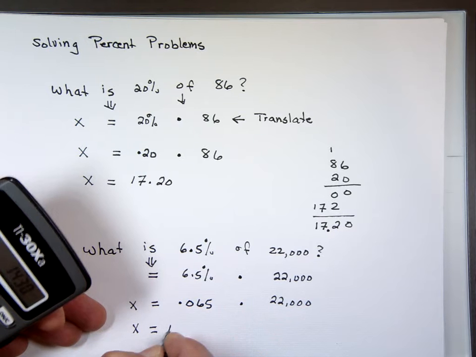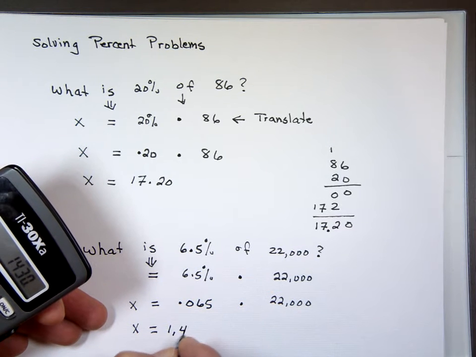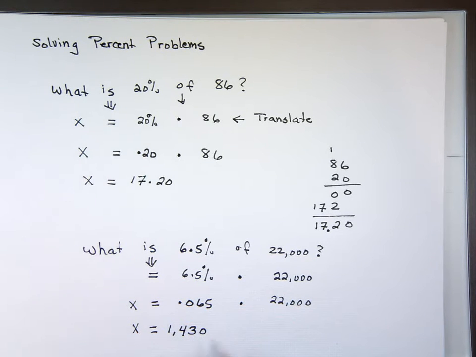You will have to pay $1,430 more for sales tax. So if you bought the car for $22,000, you really owe them what? $23,430, plus whatever interest if they charge you interest.